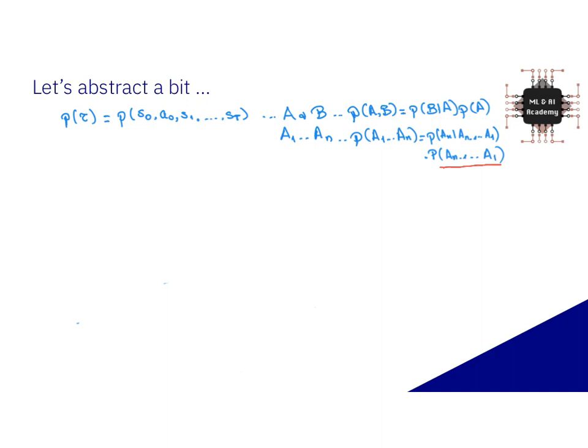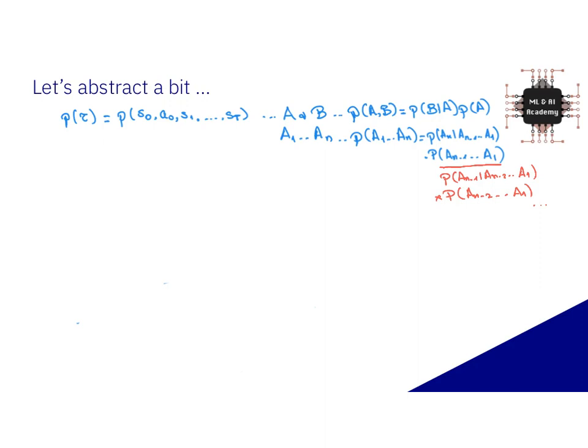So we can still factorize this into P of the last, which is AN minus 1, conditioned on AN minus 2 up to A1, times the joint of AN minus 2 up to A1, which is the remainder. And this process can repeat. You can go back up to A1. So this is a very simple idea called the chain rule, where we can condition the last on everything else, then multiply by the joint of everything else.